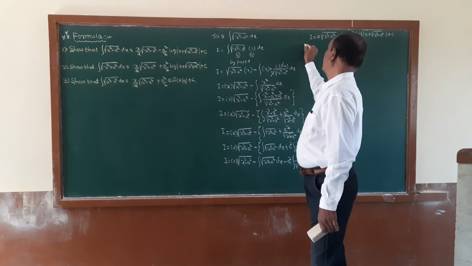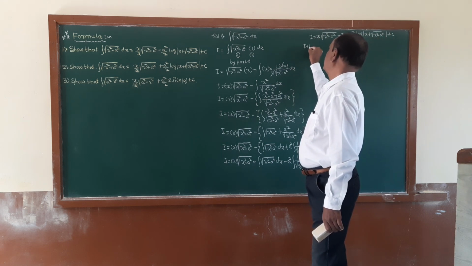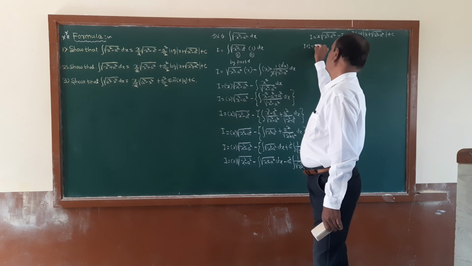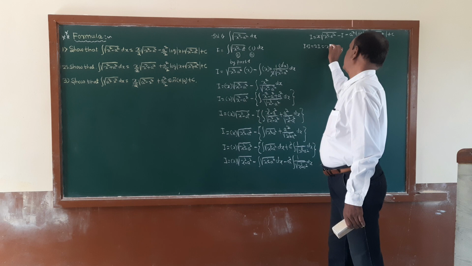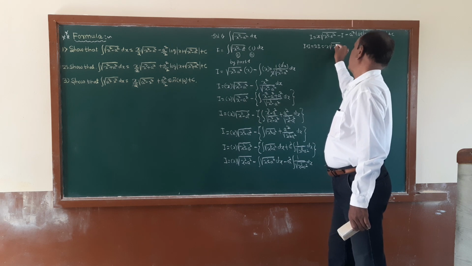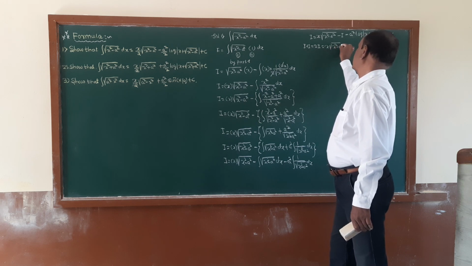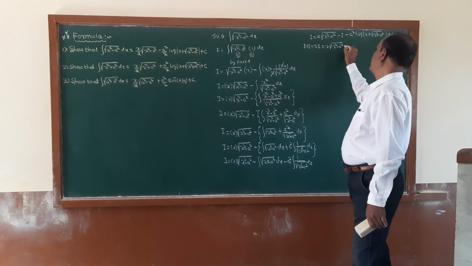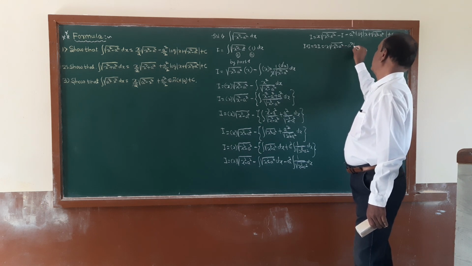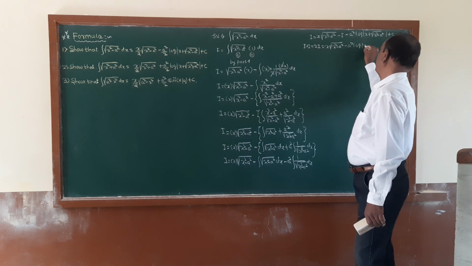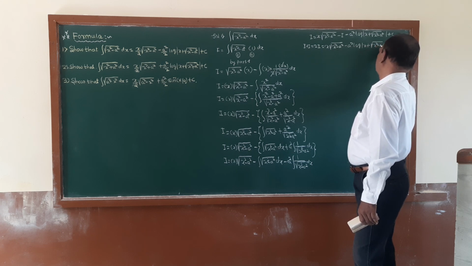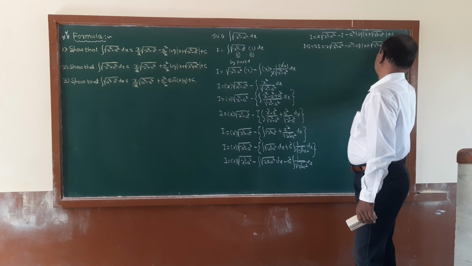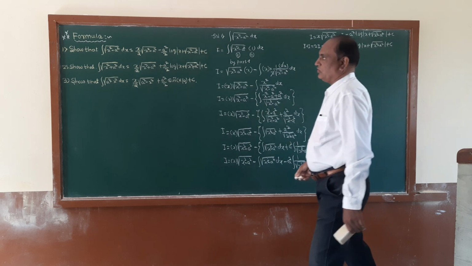So I plus I, that is 2I, is equal to x as it is into the square root of x square minus a square, write it as it is. Then minus a square into log of mod of x plus root of x square minus a square, then plus c at the end. Write I is equal to.